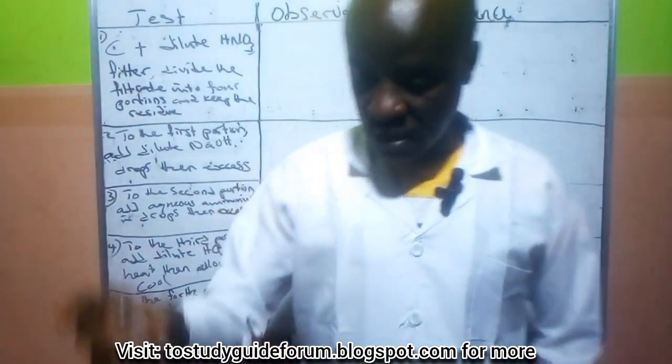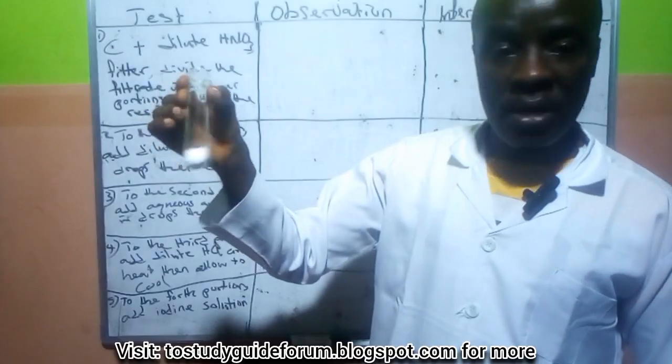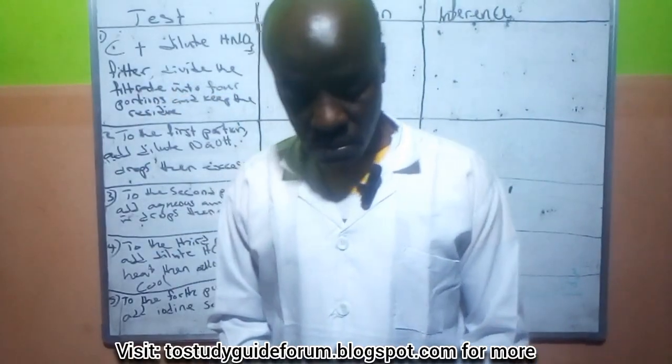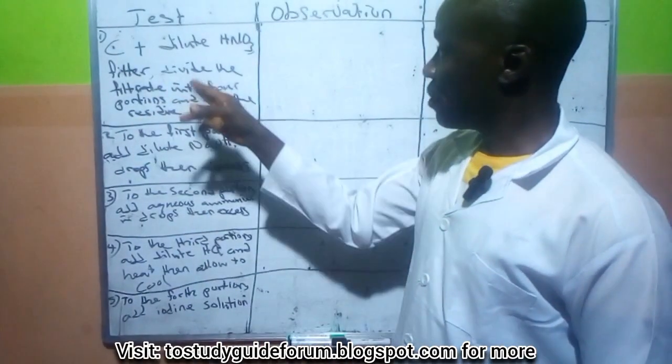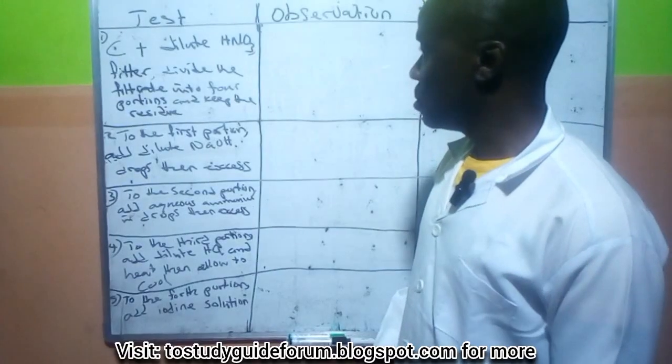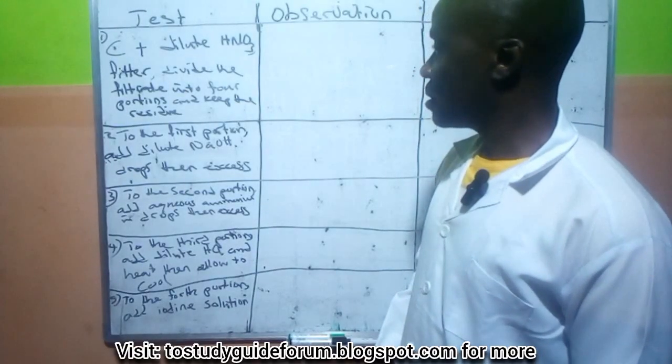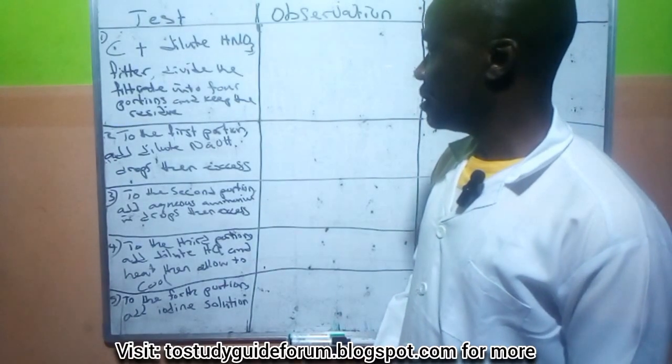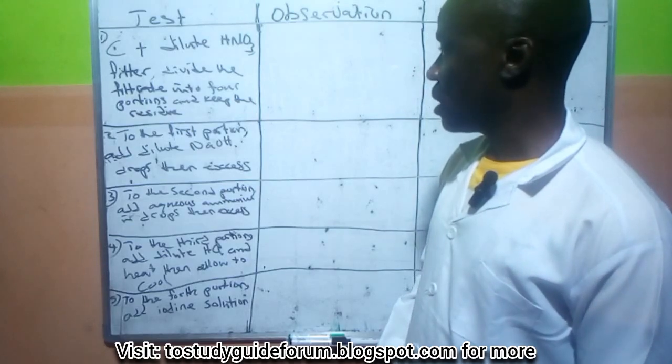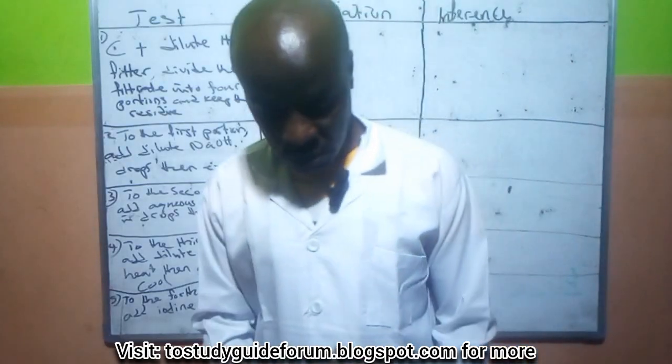So what I have here is the salt in question. The first question says C plus dilute nitric acid. Filter, divide the filtrate into 4 portions and keep the residue. So that is what we are going to do.